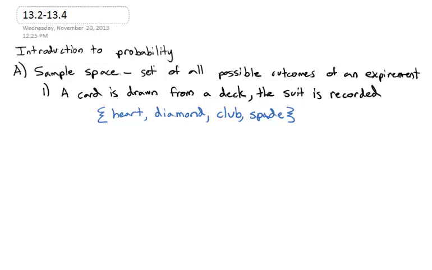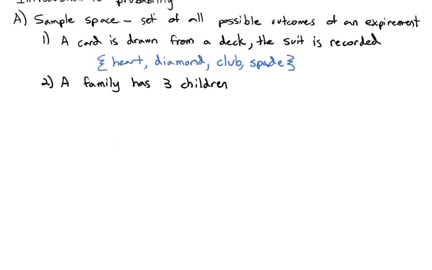Now, sometimes it's not as straightforward as just listing the possibilities. Let's say a family has 3 children. And for the sake of simplicity, we're going to just look at whether or not they have a boy or a girl.